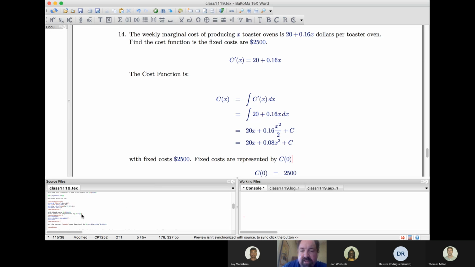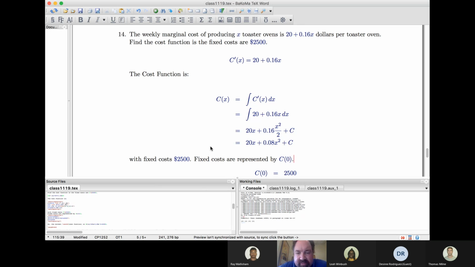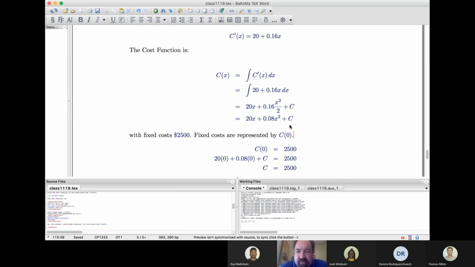Fixed costs are C of 0, because x is how many units are produced. The fixed costs are what you have when you don't produce any units. So that's what you would get if you plug in x equals 0. So we have to make sure to choose the value of C so that if you plug in x equals 0 here, the overall expression will equal 2,500.